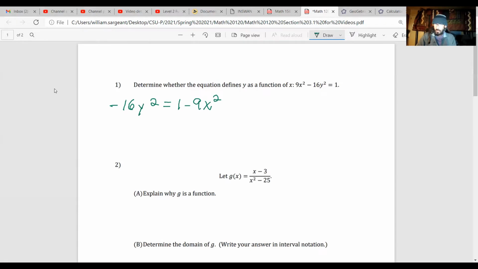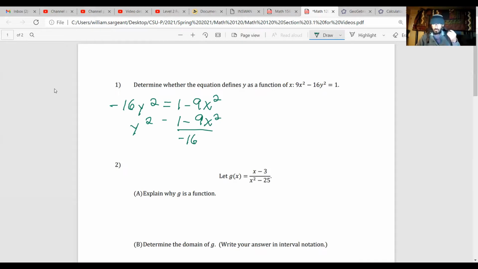Subtract the 9x squared and then divide by negative 16. I'll grant that there might be some simplification we could do, but here's where we run into a problem. We've got y squared.